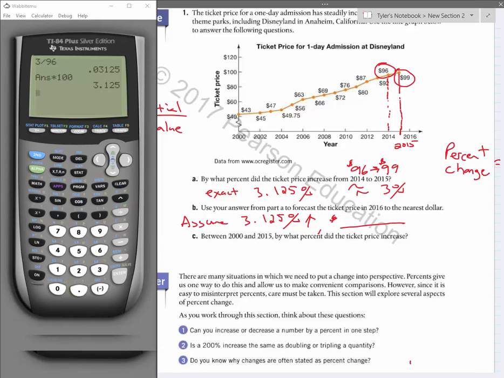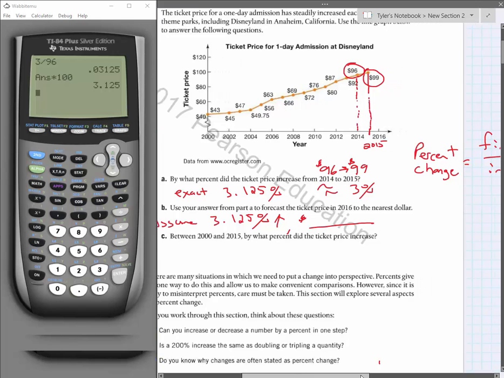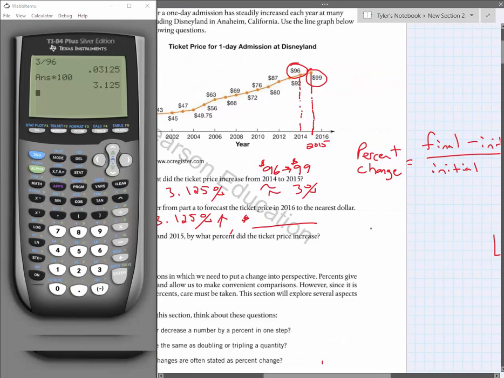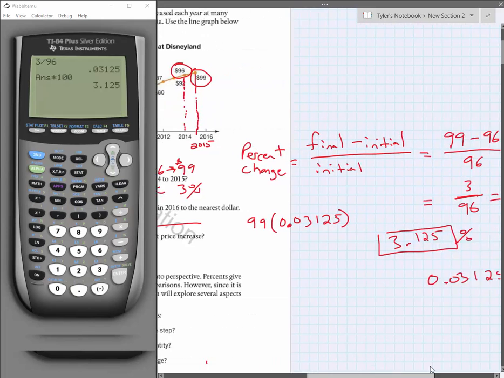We're assuming that we're going to have the same percent increase. To figure this out, I would take $99 times 0.03125.